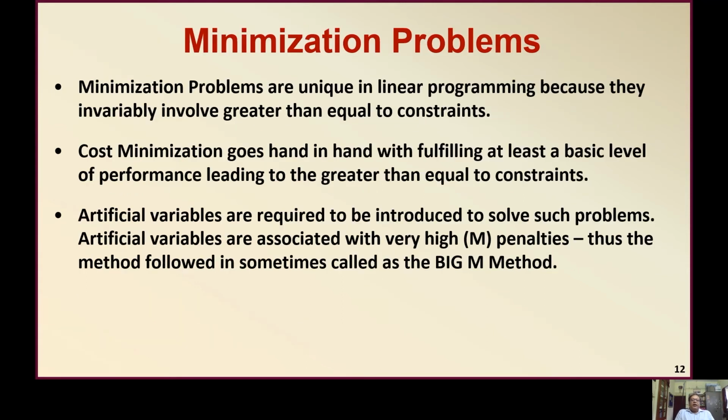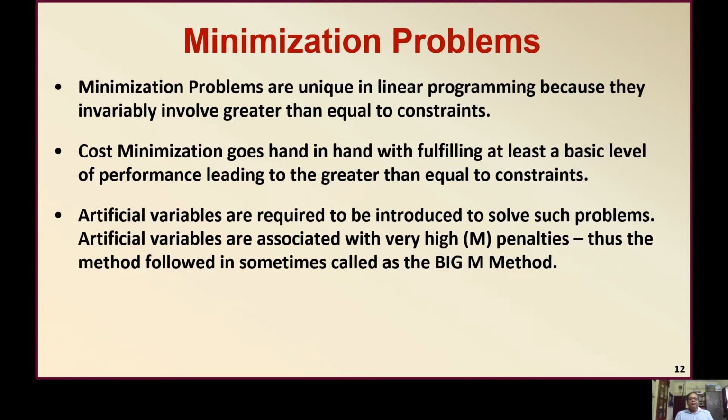Right. Then, a special case about minimization problems is that they are unique in linear programming because they invariably involve greater than or equal to constraints. You see, it is not that only minimization problems have them. I have shown you before that greater than or equal to constraints can also be there in a maximization problem.